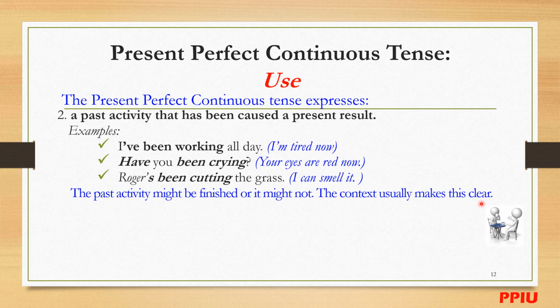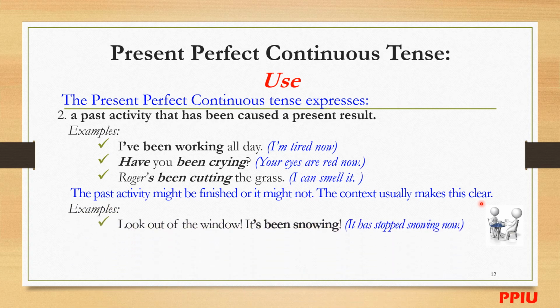We can see it obviously from the actual or real time there. For example, look out of the window. It's been snowing. It has stopped snowing now, you can see.